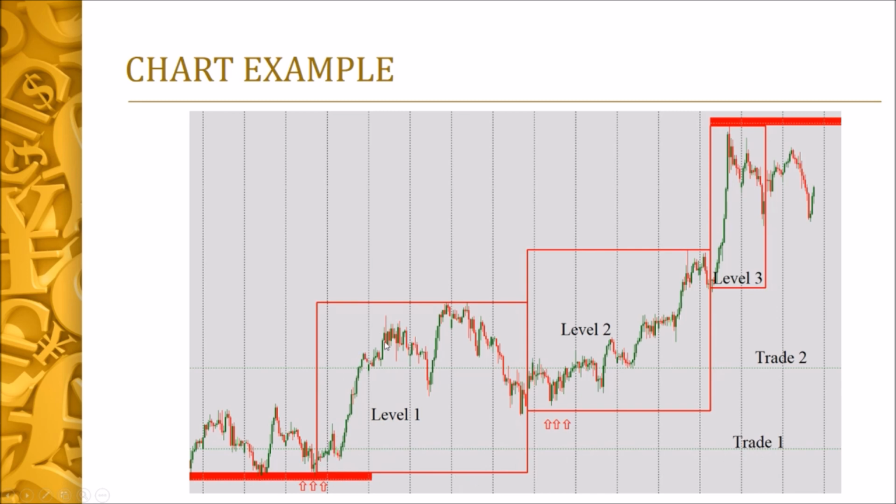Then we had our first level flow. After having that first level flow, the market retraced to our anticipated region, which is the region of 61.8% on the Fibonacci retracement level 2. That is where we were going to enter our second trade.